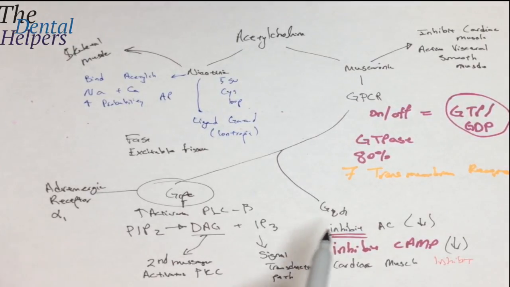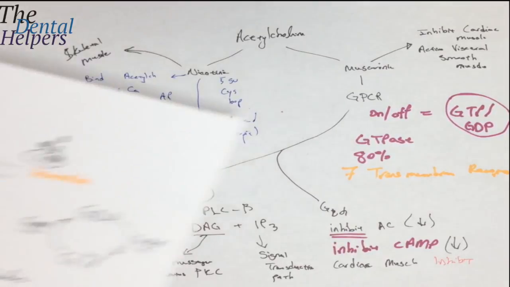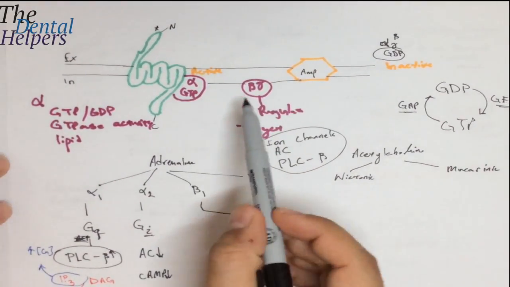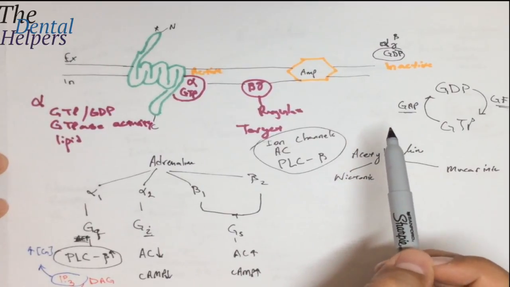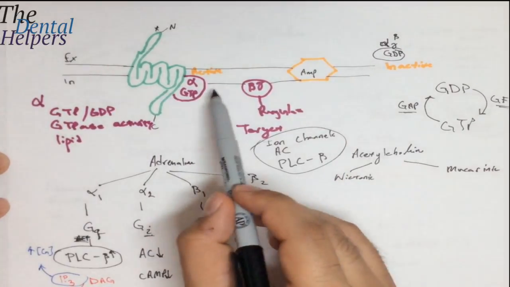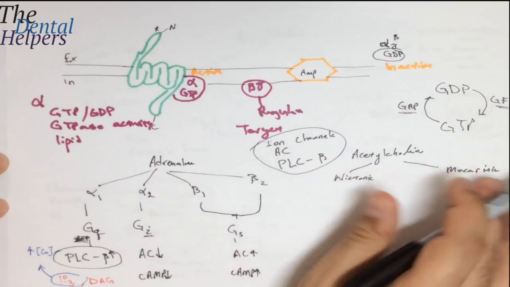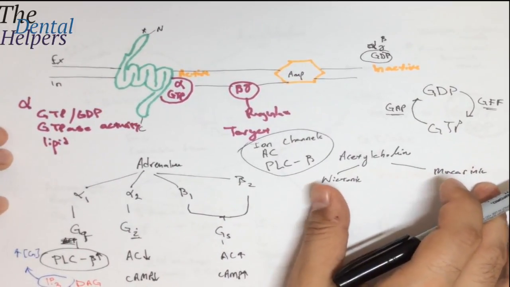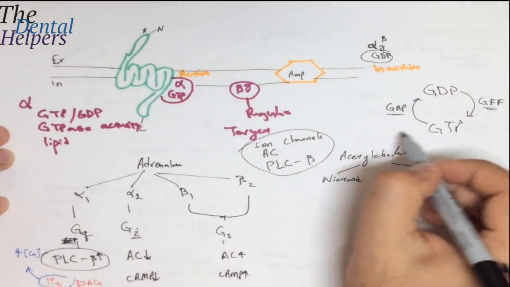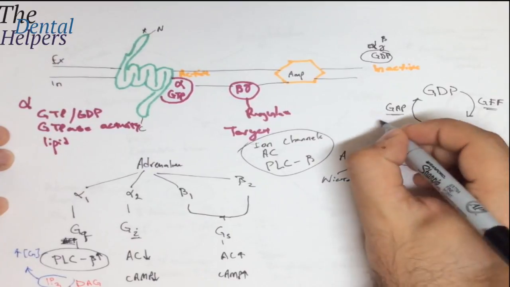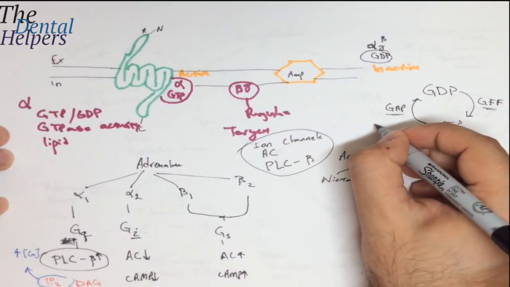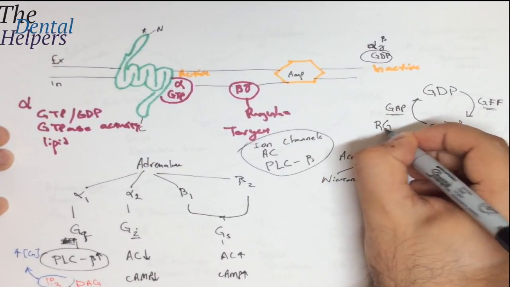Now, if we want to terminate this whole process that we've seen, we're going to have to use something else. We can use two things to terminate the GPCR. One of the routes we can take is using GAP. Another route is using RGS.